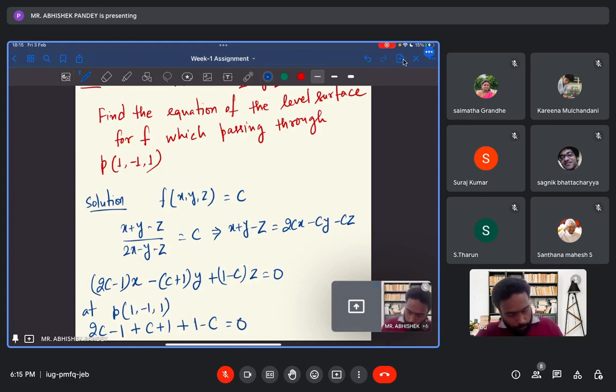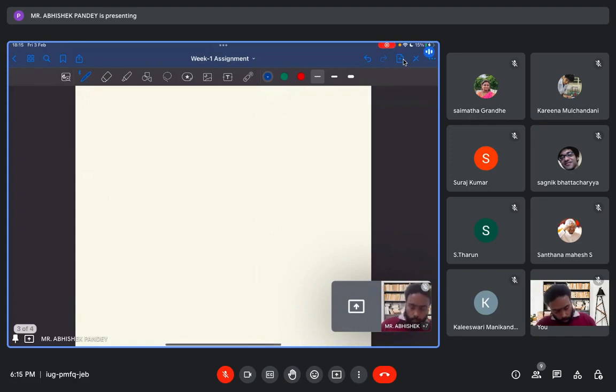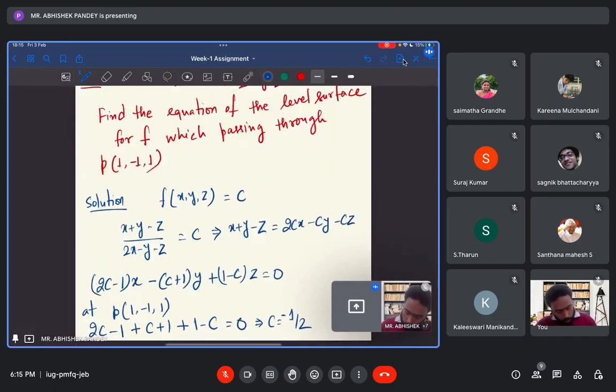From here you will get c equal to 1 by 2. If I am making any calculation mistake, please let me know. The c cancelled, so I think it will be c equals minus 1 by 2. So now you got c equals minus 1 by 2.